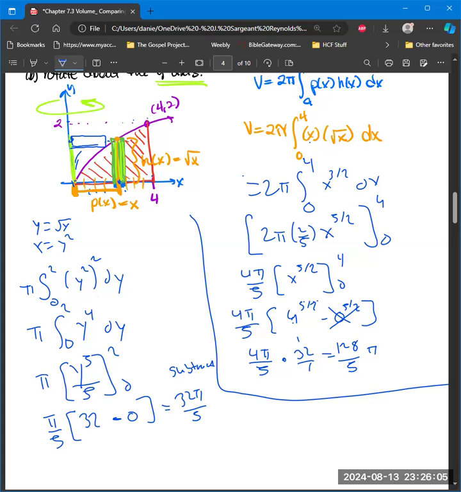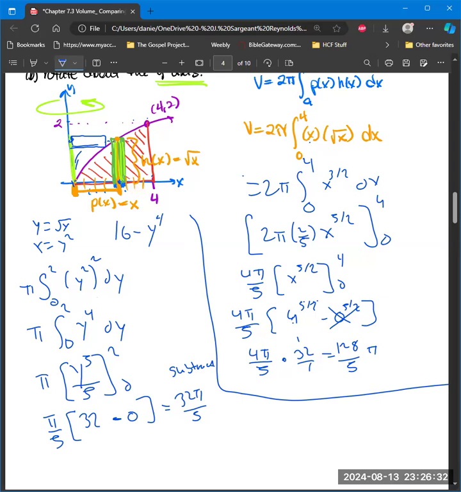So this is actually big R would have been 4. Yeah. So this is going to be big R squared minus little r squared, 16 minus y to the 4th.